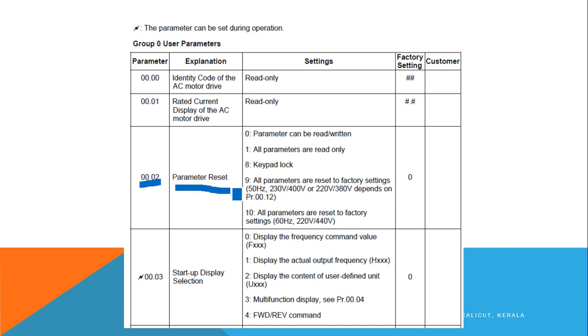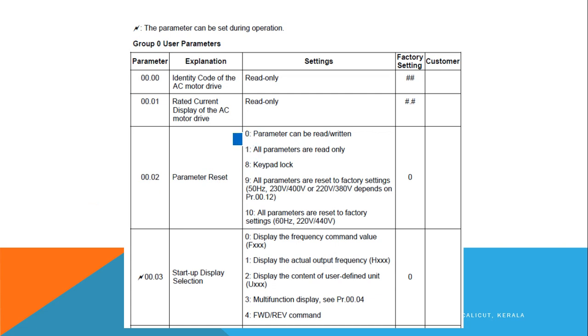Suppose in a company you already operate a VFD. Now for some reason you are changing the motor, then you have to reconfigure the settings. That time you may require the parameters to be reset. So that time you go for 00.02, and here there are multiple options.